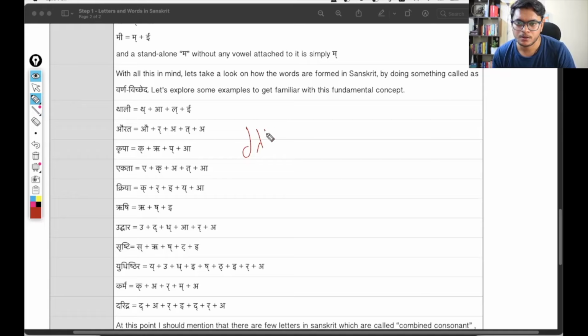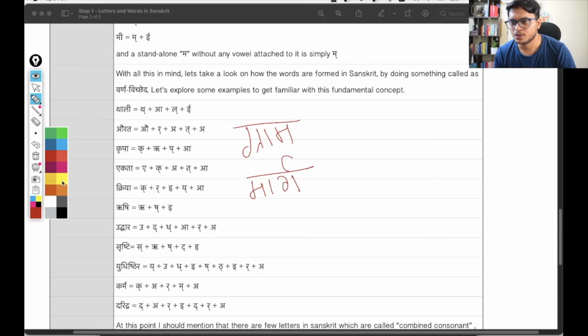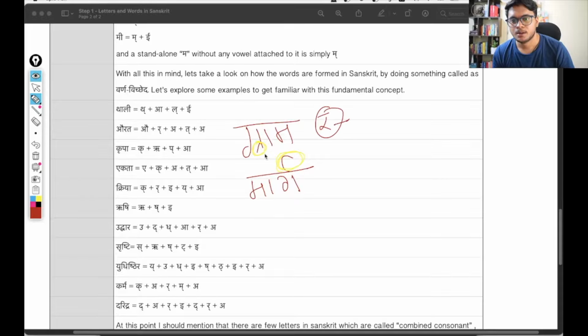To demonstrate it, let me give you a simple example. We have this word, okay, and then we have this word. Now the symbol that you see, this and this, they both represent the same thing. They both represent ra. But if you break down this word, it comes as ga, then ra, and then the rest of the thing, am.